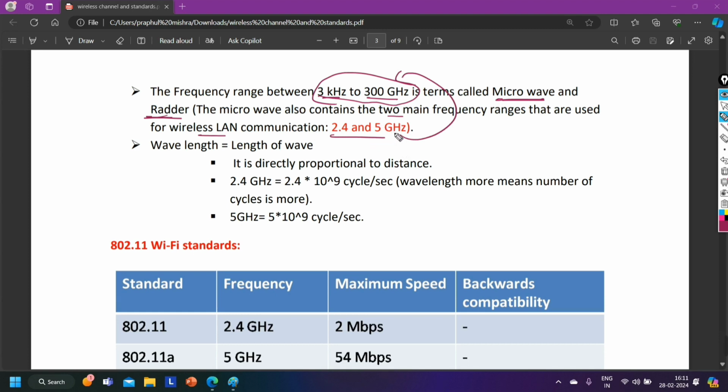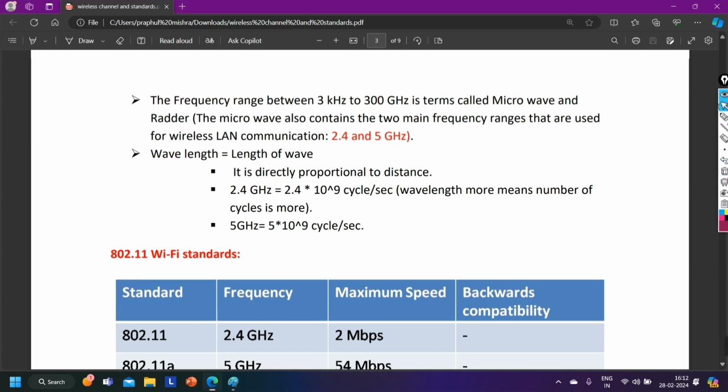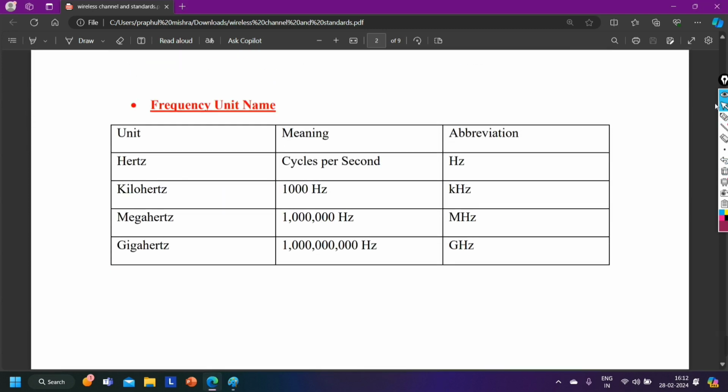This is your question. After that, as I told you, wavelength. Wavelength means length of wave. It is directly proportional to distance and it is inversely proportional to frequency. 2.4 gigahertz means what? 2.4 gigahertz means 2.4 multiplied by 10 raised to power 9 cycles per second, right? I'm talking about gigahertz, right? So this is hertz. Let's say 2.4 gigahertz.